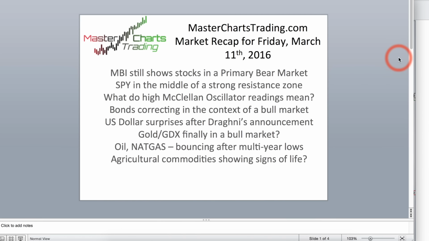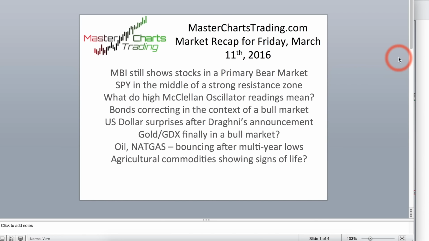This week we'll look at Market Breadth Index, my long-term market model, which still shows that we are in a primary bear market. S&P 500 ETF SPY ended the week in the middle of a strong resistance zone. We'll look at McClellan Oscillator and what the strong readings mean. Bonds are correcting within the context of a bull market on bonds.